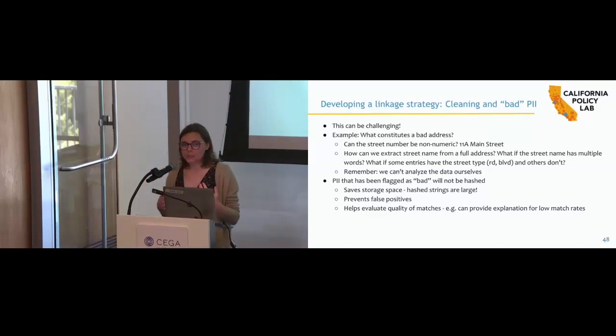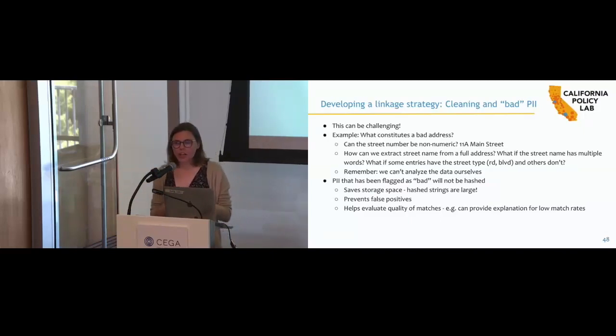It can also prevent false positives. Thinking about the hospital example, in some of the health data that we've worked with, some hospitals will write a missing SSN in as 0000. What if hospital A and hospital B both do that? Then once it's hashed, we'd have no way of knowing that these were actually really missing, and we might get false positives out of that.